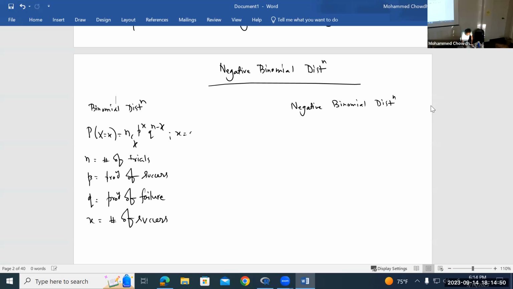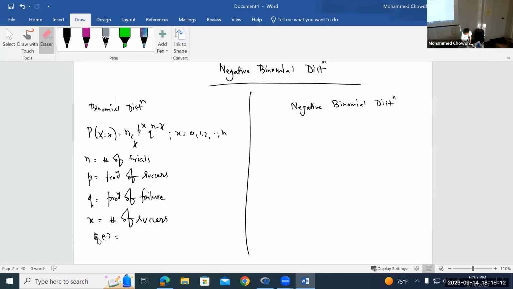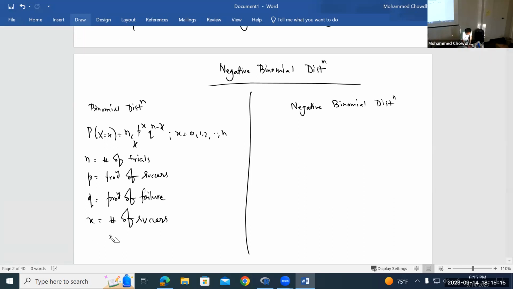Here x takes values 0, 1, 2 up to n. This is the mathematical form. Mathematically, the mean, the expected value of x, equals np, and the variance of x equals npq. Mathematically, we can derive these things, okay?